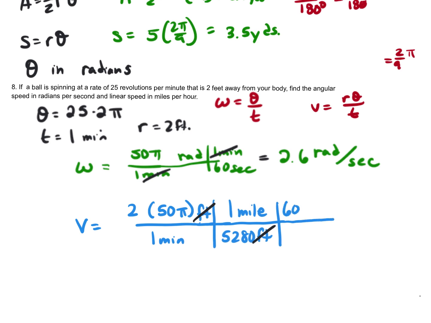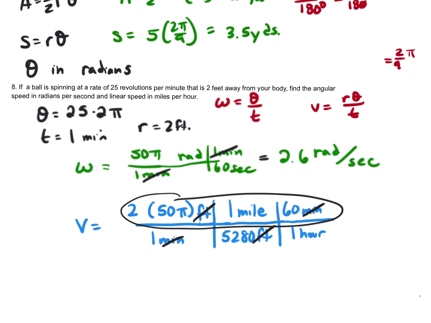So there are 60 minutes in 1 hour. Now I'll simply multiply the things on the top and divide what's on the bottom. So 2 times 50 pi times 60 divided by 5280. I get 3.6 miles per hour, which doesn't seem unreasonable since we're spinning a ball around some circular path. It's D.